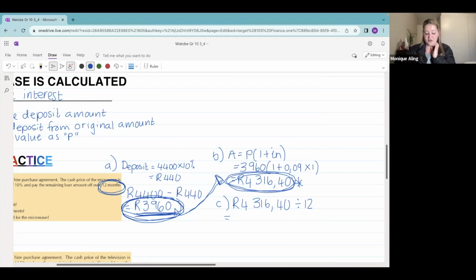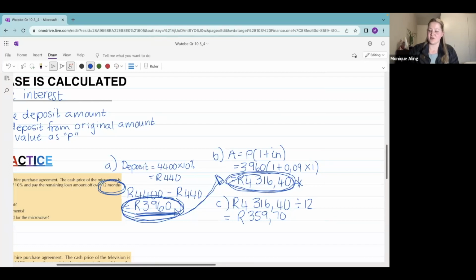We would say the loan amount, which was 3,960. Then we add the simple interest. The simple interest on the loan was 356.40. And then we divide it by 12.